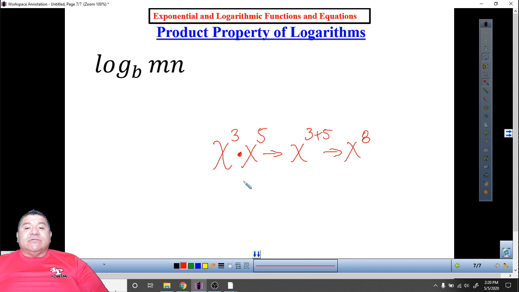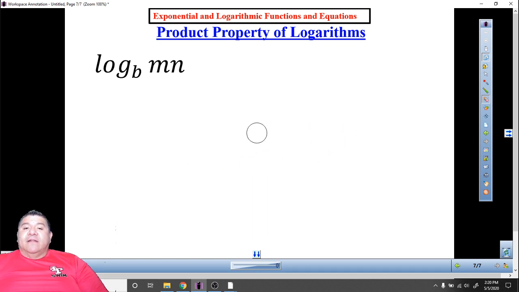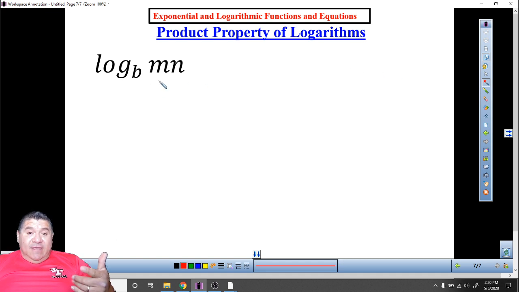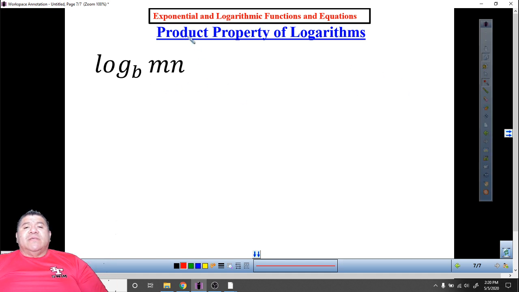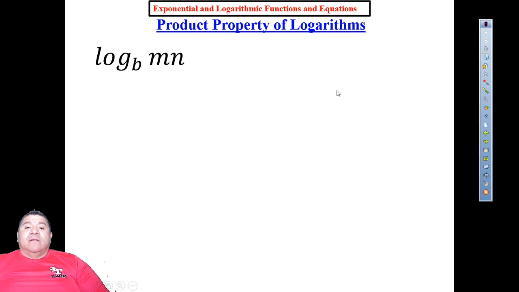And what's happening to the expressions? It's multiplication. So if that's true for those, and we know that when we're talking about logs, we're working with exponents, what do you think is going to happen when we write product property of logarithms now that we have m times n? That's right.